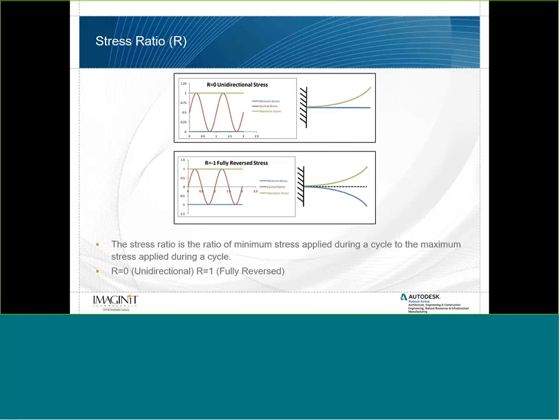If we're going to be applying the load in a way that would rock back and forth, applying two-directional loading where we'll see tension and then compression, so load will be applied in one direction and back the other, the ratio of the minimum stress to the maximum stress applied will equal -1. And so in this case, we'd be applying what's called a fully reversed condition. So depending on what type of loading we're expecting on our part, we'll want to select the SN curve that matches the stress ratio that we're going to be loading it with.